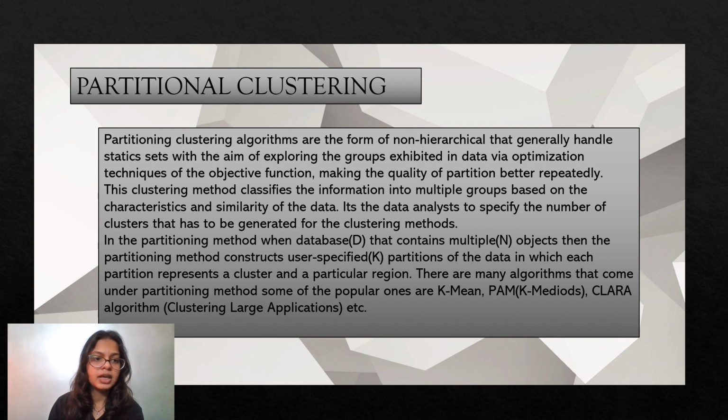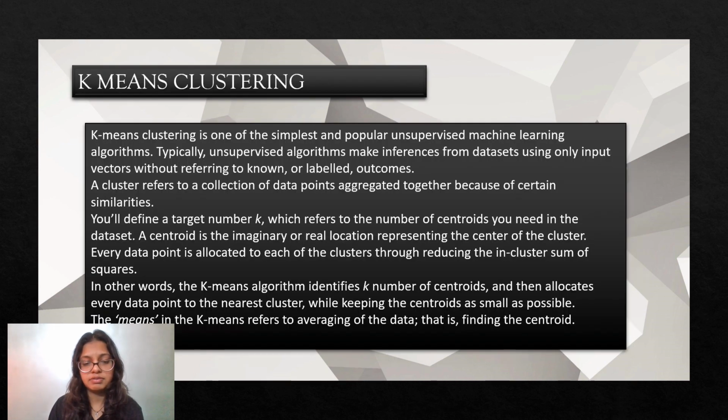K-means clustering. K-means clustering is one of the simplest and most popular unsupervised machine learning algorithms. Typically, unsupervised algorithms make inferences from datasets using only input vectors without referring to known or labeled outcomes.